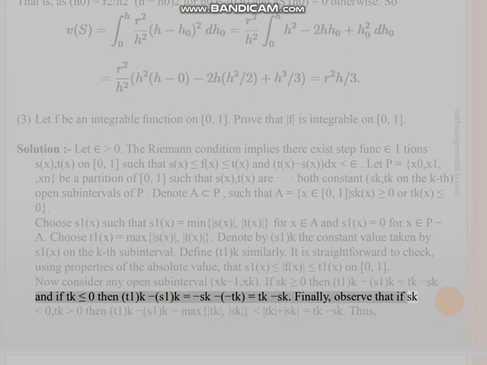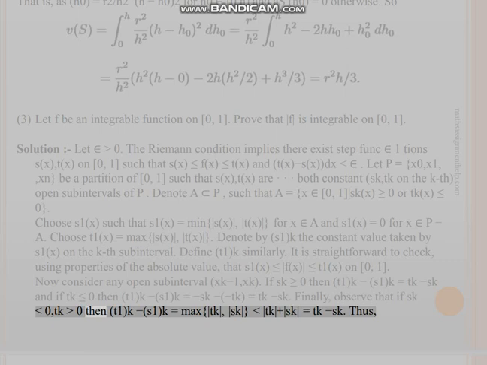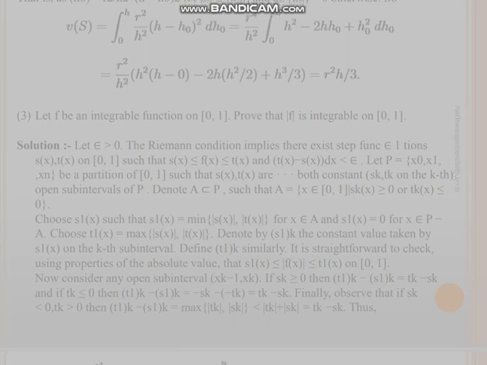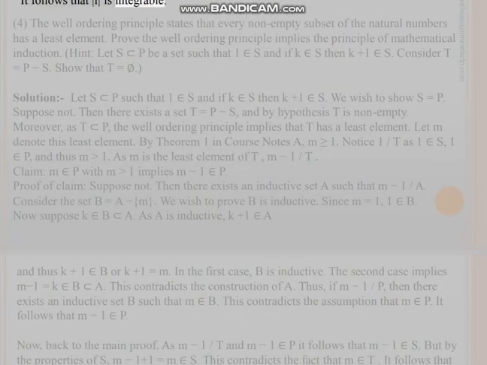Finally, observe that if s_k is less than 0 and t_k greater than 0, then T1_k minus S1_k equals max(|t_k|, |s_k|) which is less than t_k plus s_k, which equals t_k minus s_k. Thus, the integral of T1 minus S1 is less than epsilon. It follows that |f| is integrable.